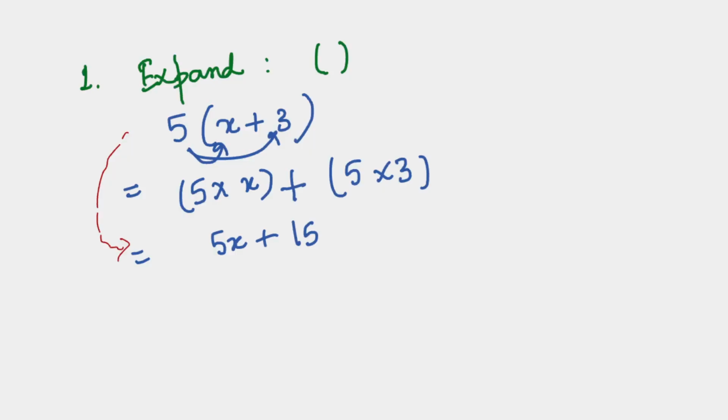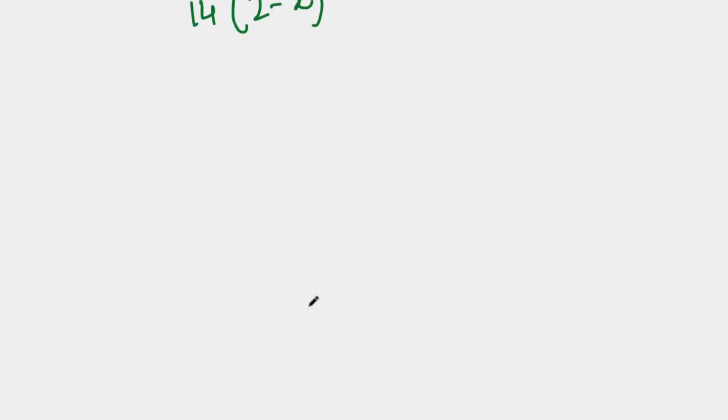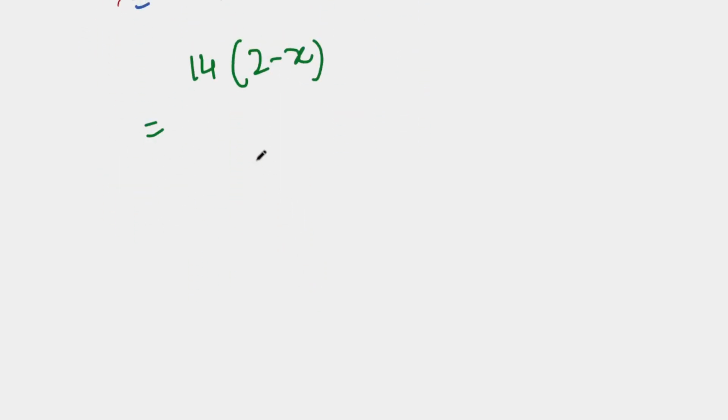All right, let's have another example. So if we have 14 and we have 2 minus x, all right, again this 14 will be multiplied by 2, right?